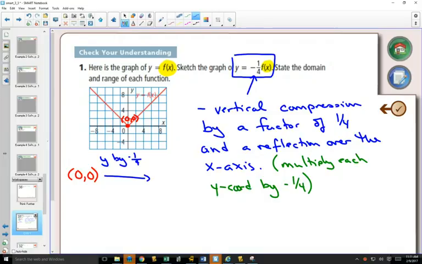What's going to happen to 0, 0? Nothing. Because when you multiply that y coordinate by -1/4, nothing happens. Now, I can choose a number of different points on my original graph. I could choose this one right here, this one right here, this one right there. I could choose any one of those.